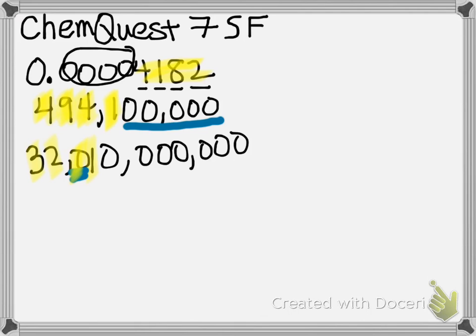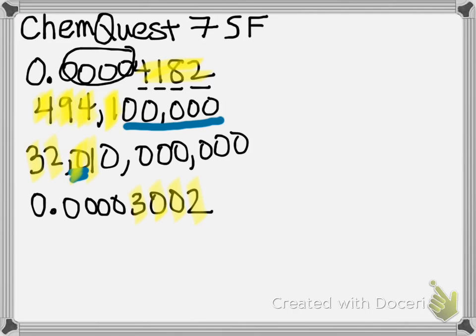And finally, we have again, the 3 and the 2 are significant because they are not 0. And these zeros that are between them are significant because they are between numbers that are not 0.